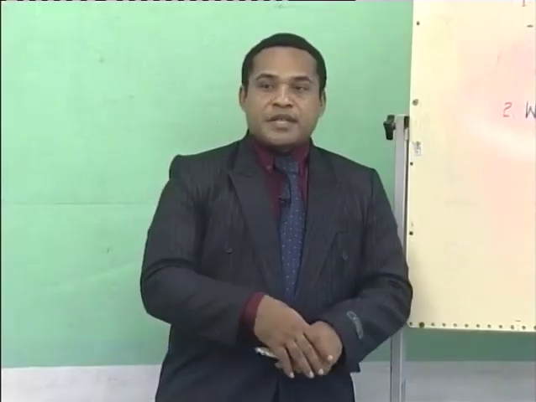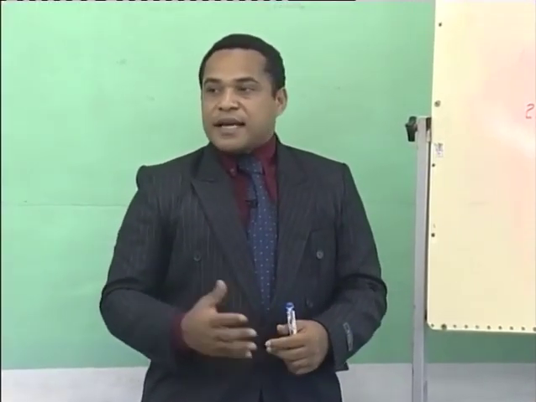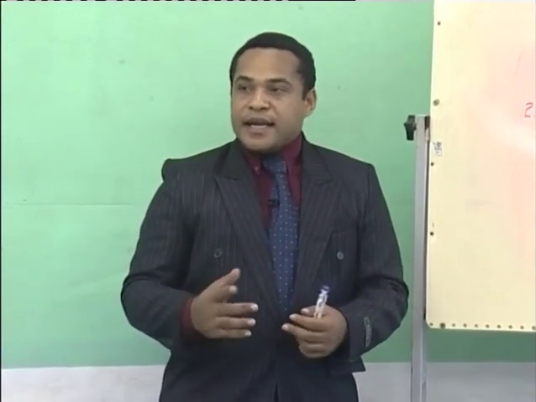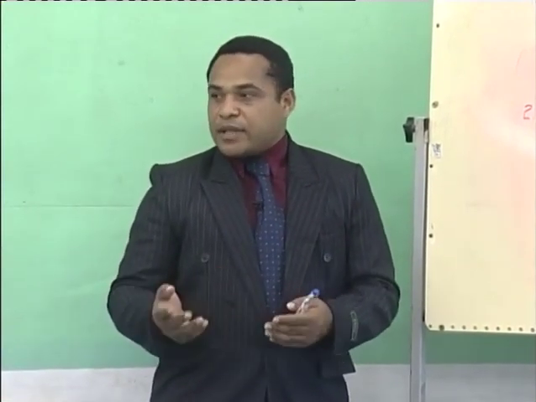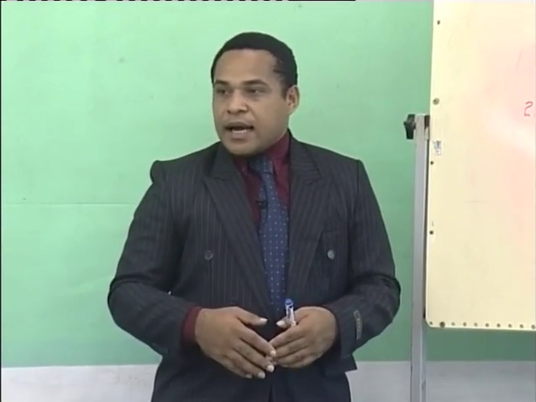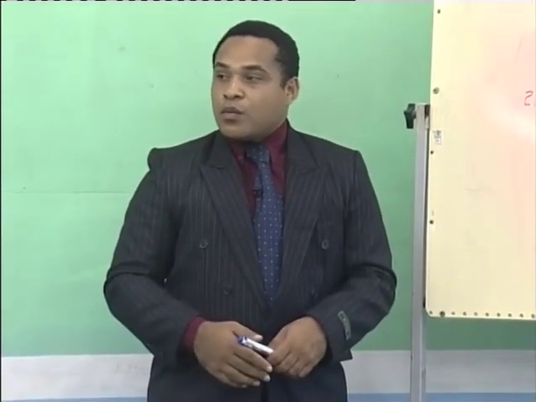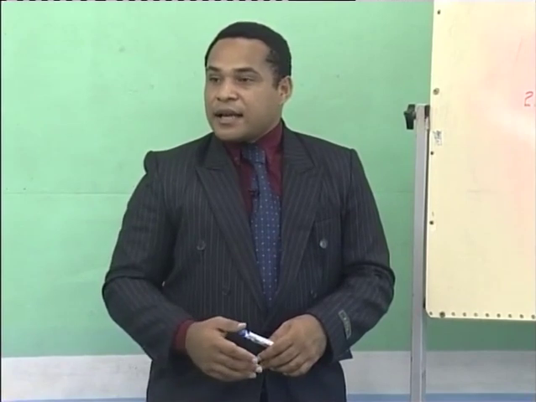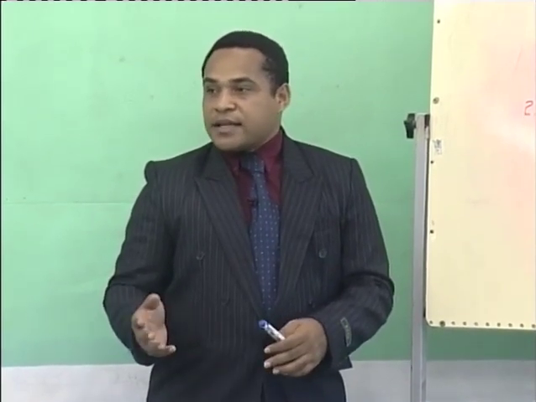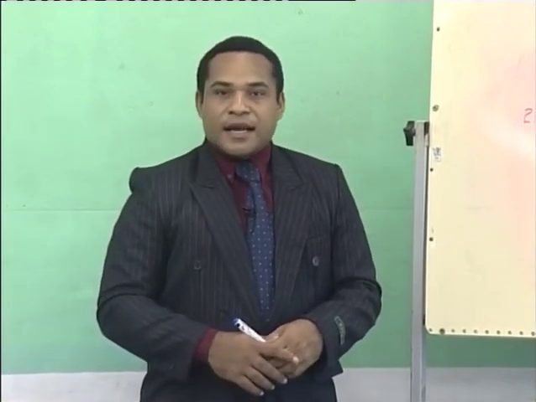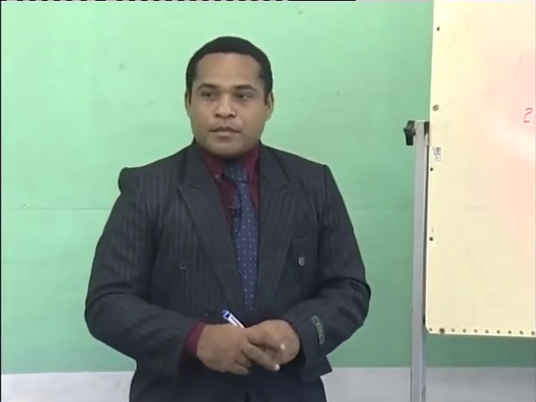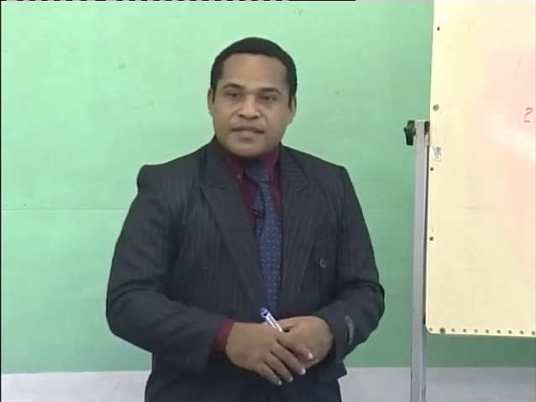Okay, thank you, Jason, for your answer. So what can we say about that? It is unbalanced. Or we can say one side has more weights than the other side. That's why it is unbalanced.